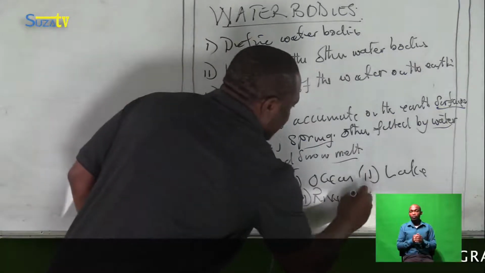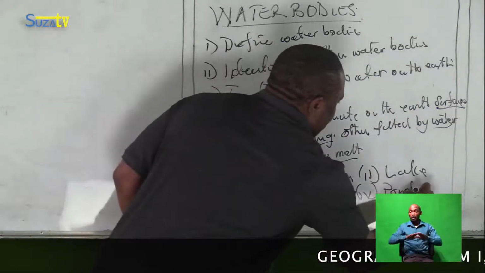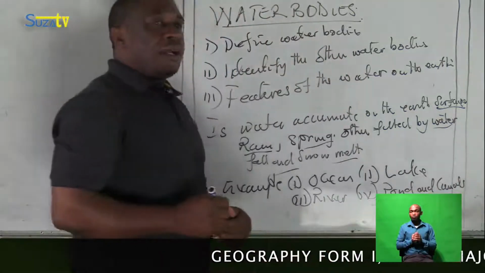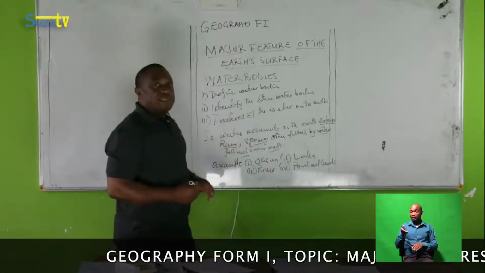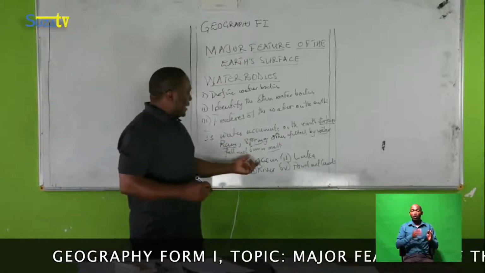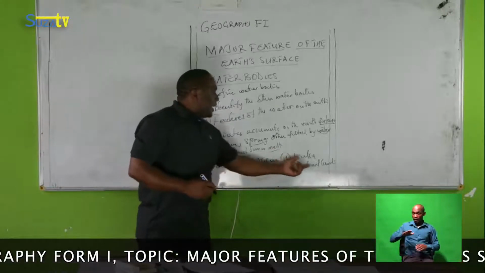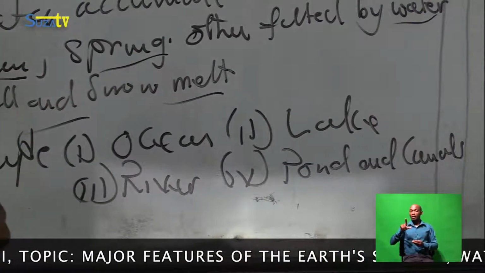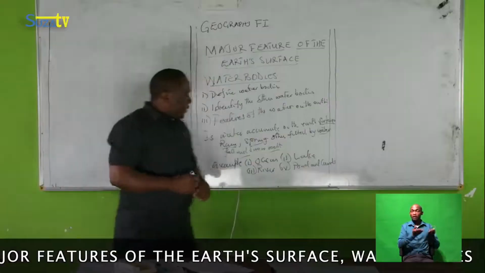And fourthly, ponds and canals. Ponds and canals. These are the major water bodies on the Earth's surface: ocean, lakes, rivers, ponds, and canals, which can be filled with water.